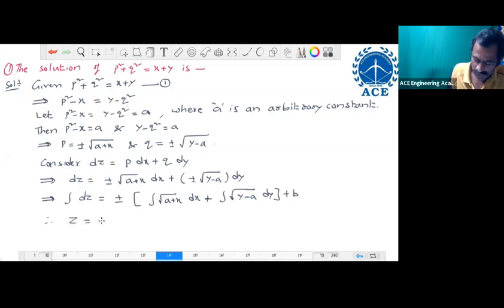Therefore, z equal to plus or minus, we can write the integral of (a plus x) power 1 by 2, just like the x power n form. So (a plus x) power 1 by 2 plus 1, that is 3 by 2, divided by 3 by 2, plus (y minus a) power 3 by 2 divided by 3 by 2, plus b.